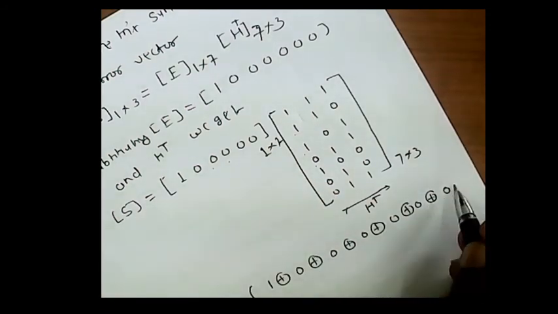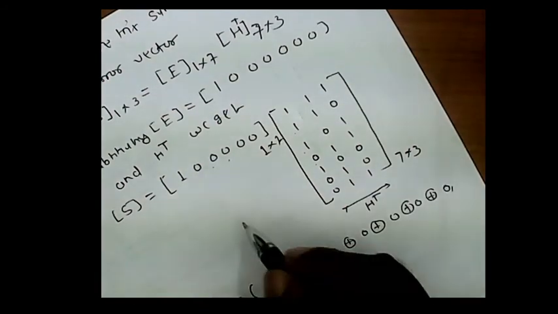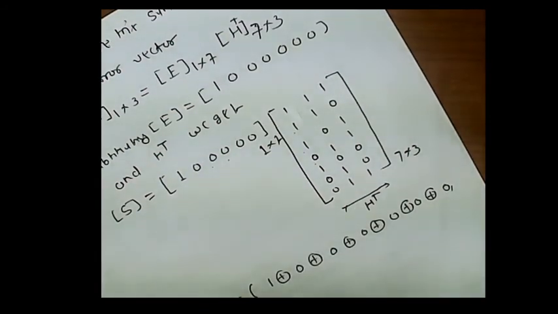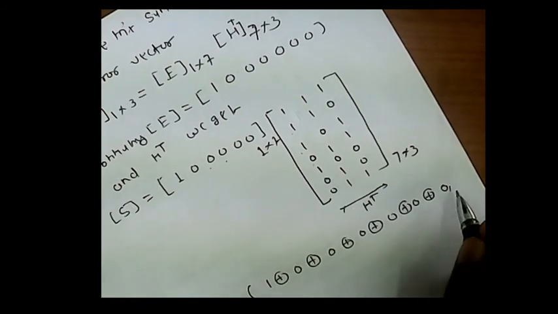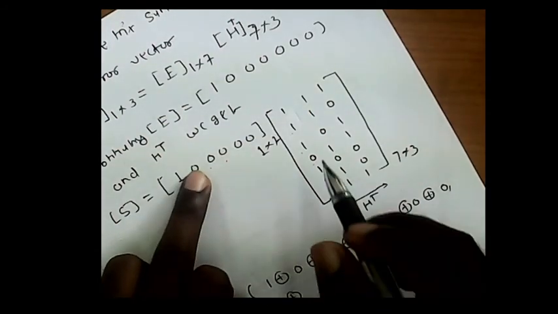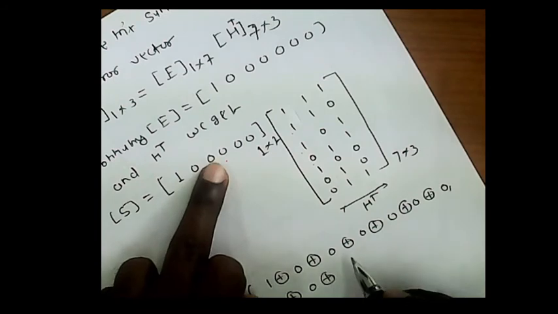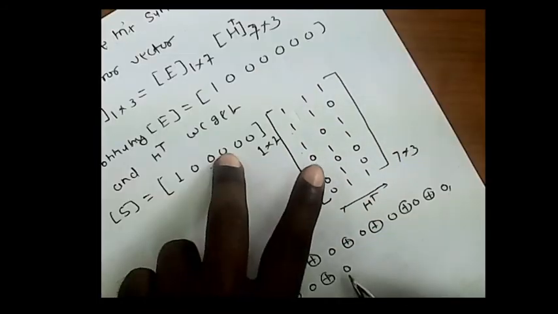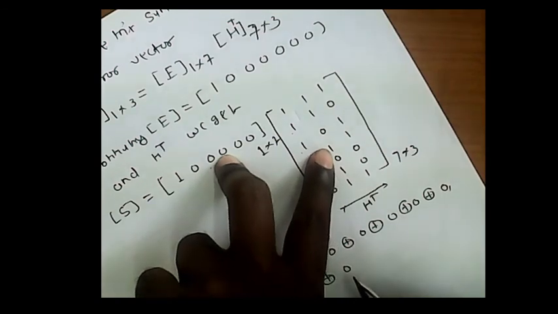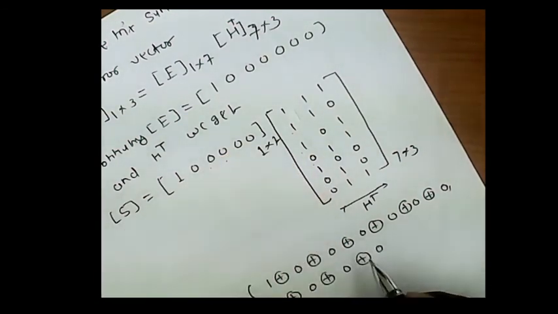So this is the first row and first column multiplication. Then the second column: 1 into 1 is 1, 0 into 1 is 0, 0 into 0 is 0, 0 into 1 is 0.